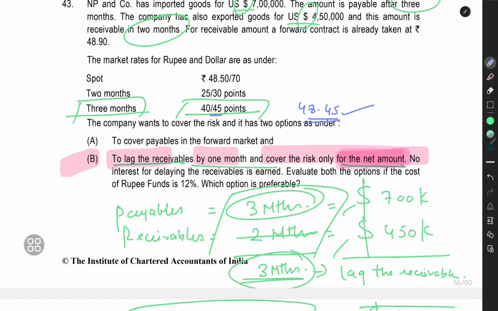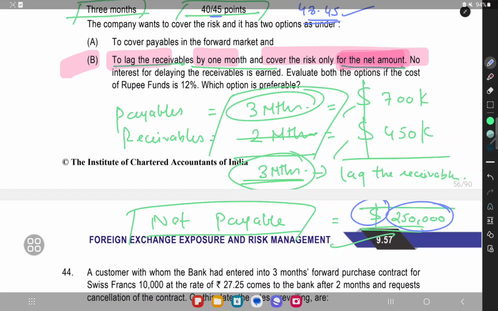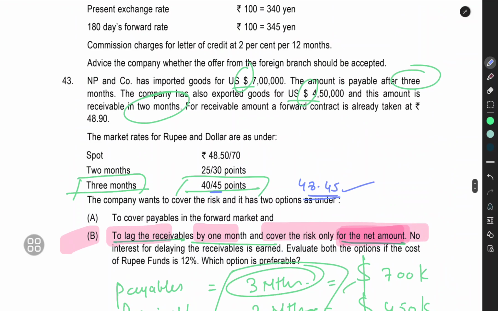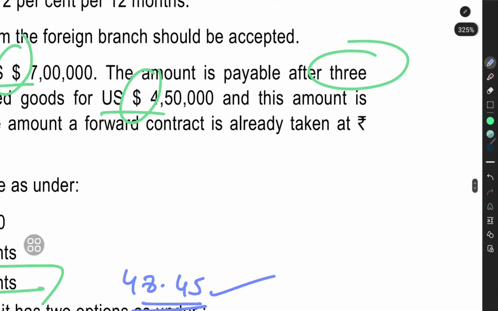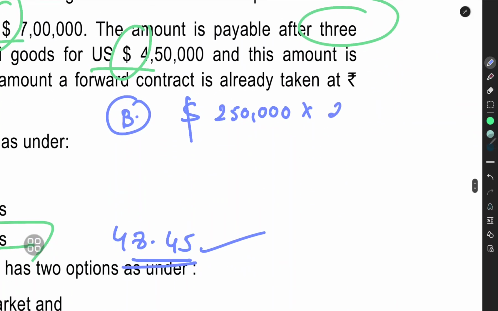Okay, this is the quote, and my quantum is 2,50,000, the net quantum, and my currency is dollars. Okay, so I can do it here also, but there's no space as such. Here will do. Part B. Rupee equivalent is $2,50,000 into rupee by dollar 48.45.